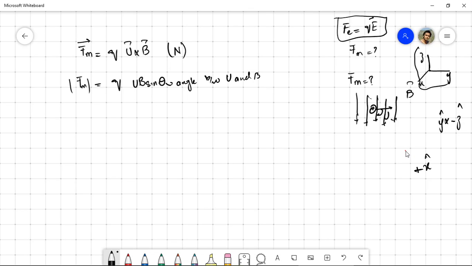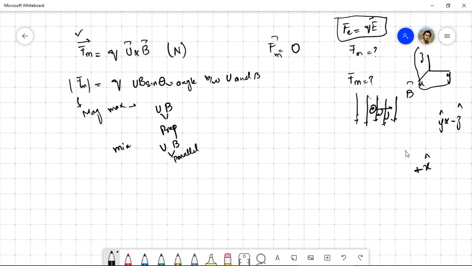So we will see that the magnitude of this force will be maximum whenever u and b are perpendicular to each other, and it will be minimum when u and b are parallel to each other. Minimum meaning zero, because we are talking about a cross product here. And when these two vectors are parallel, the cross product will be zero, and the force acting on this charge will be zero.